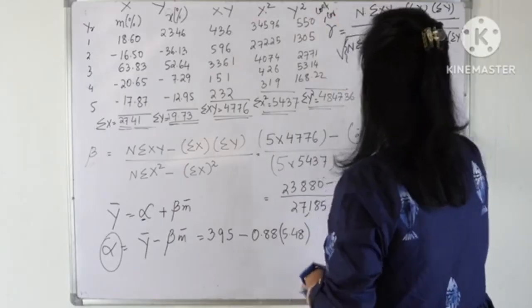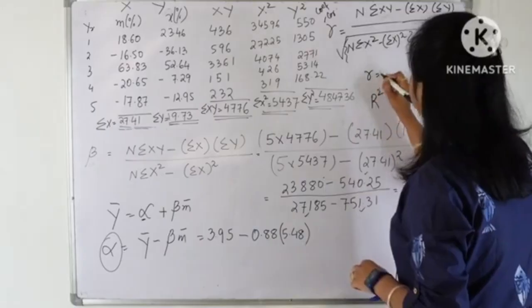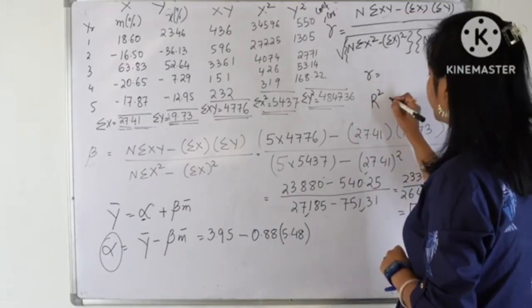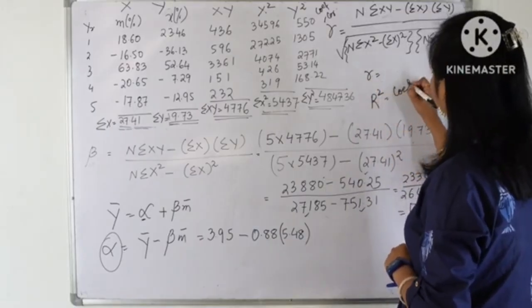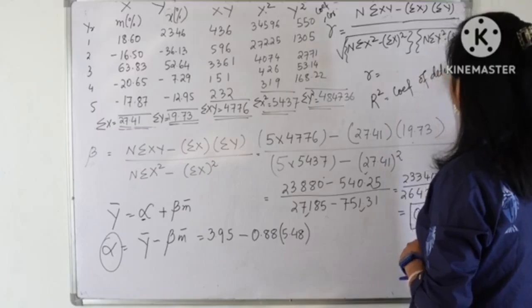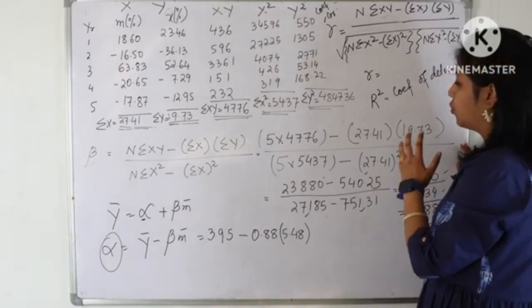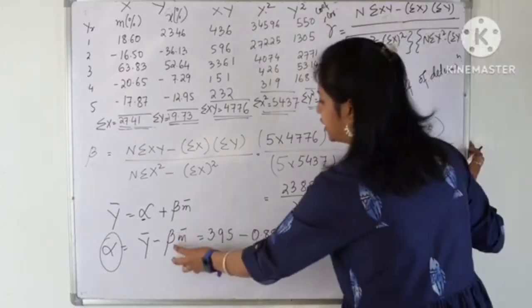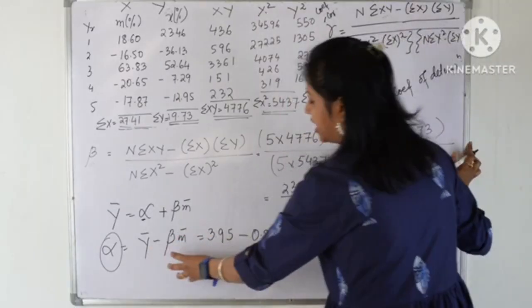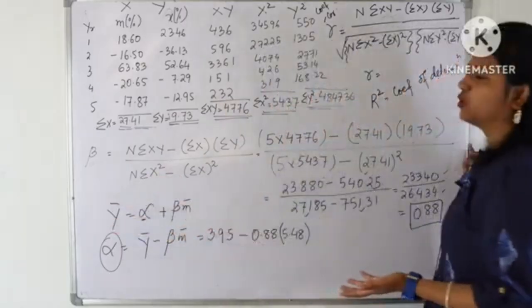Now if you find this value and square it, we call it r square. This is known as the coefficient of determination. That means it will tell you to what extent this market model explains the total return of the particular stock.